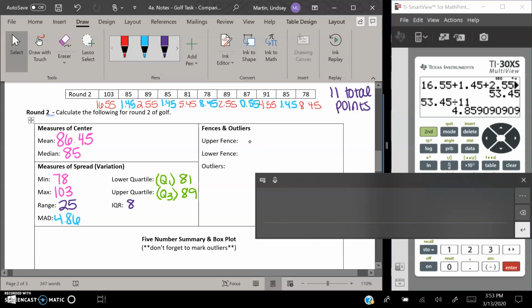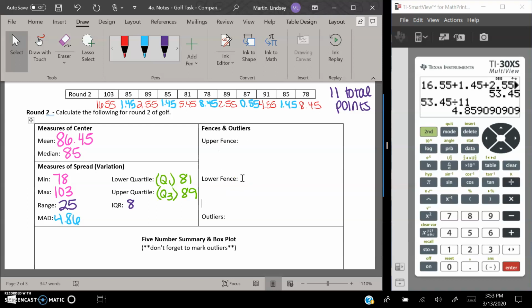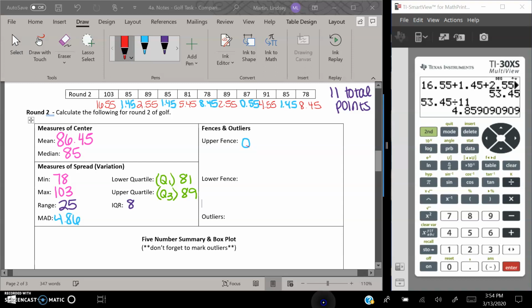Again, we need to find our upper fence and lower fence. Remember, the formula for upper fence is Q3 plus 1.5 times my IQR. Let me rewrite that, it's kind of messy. So Q3 plus 1.5 times my IQR.